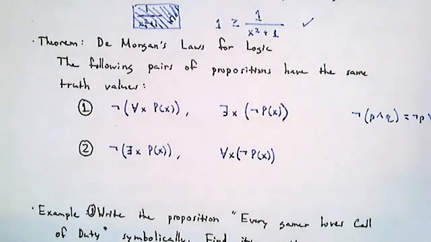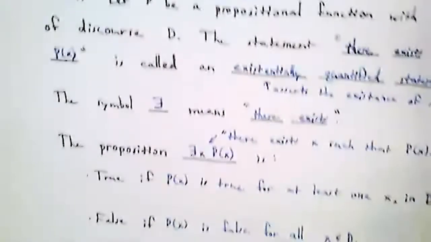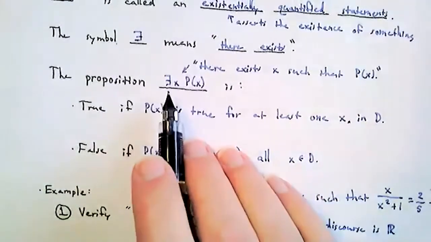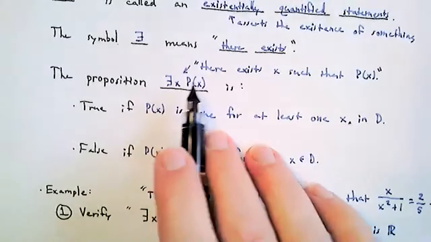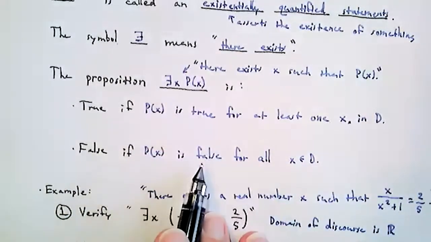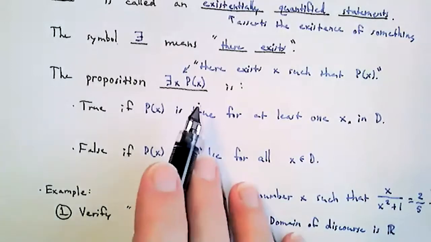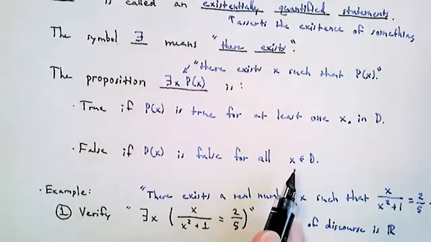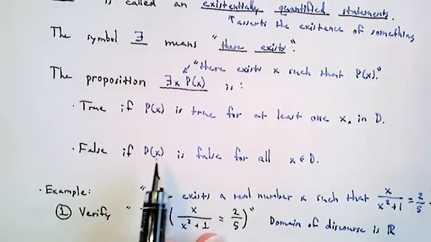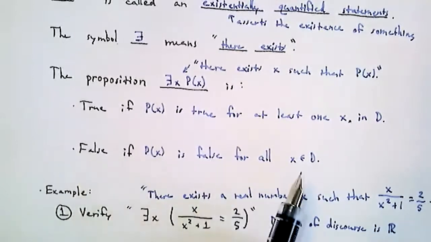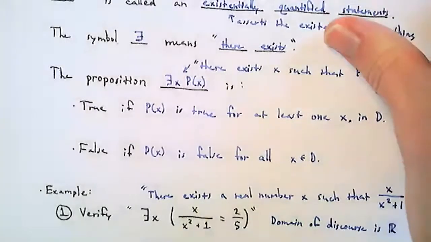Going back to the previous page again, we've already talked about what it means for there exists an x such that p of x to be false. Remember, it's false if p of x is false for every x, for all x in the domain of discourse. So another way of saying that is that not p of x is true for all x in the domain.